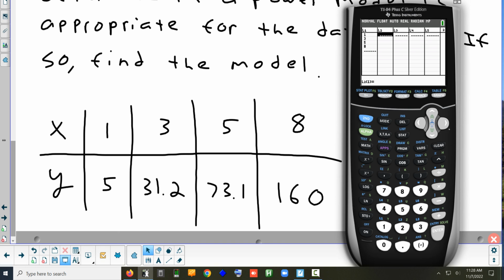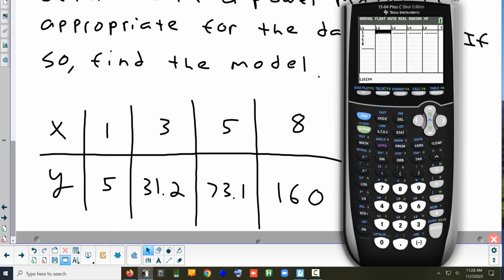And put in your y's. So 5, 31.2, 73.1, and 160. How do we get to that screen? Stat and then Edit. Stat is below delete.